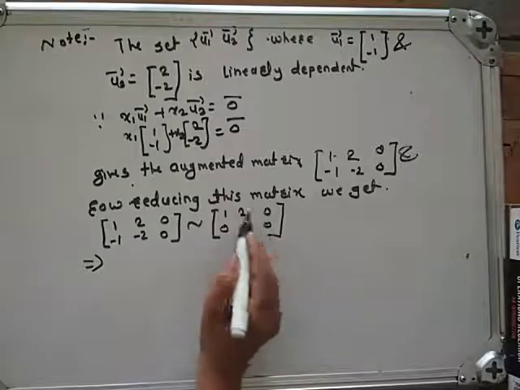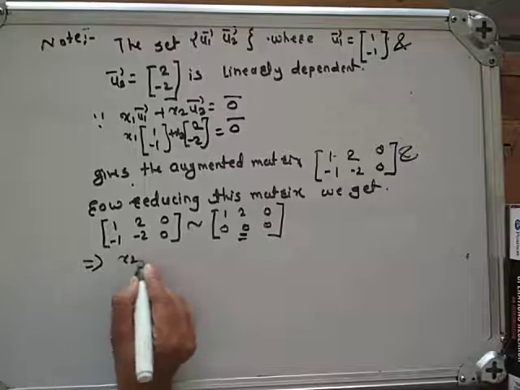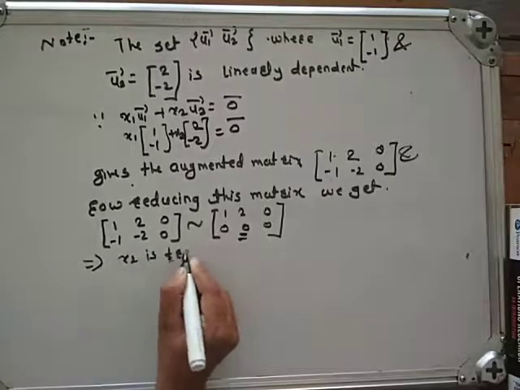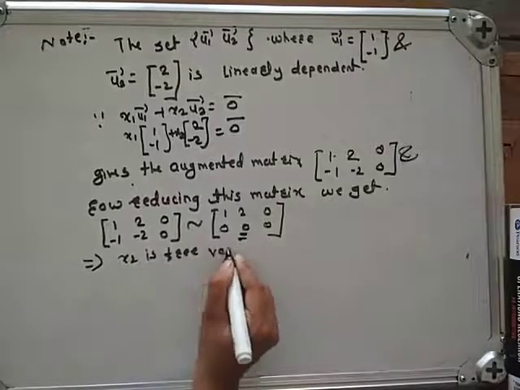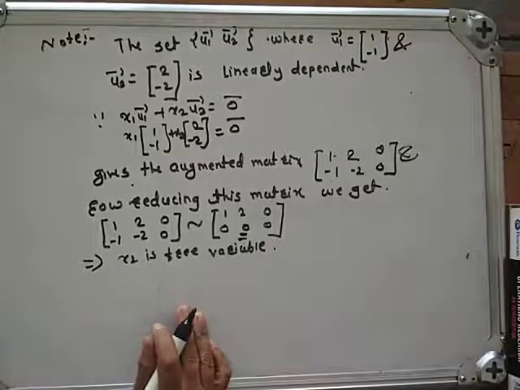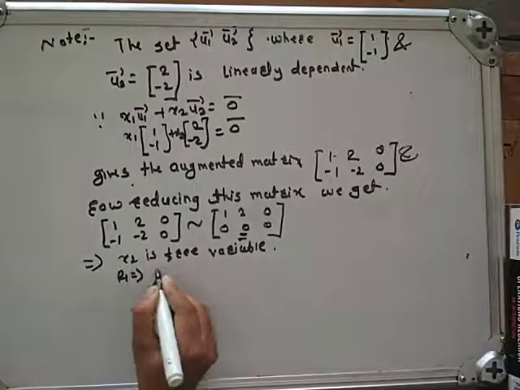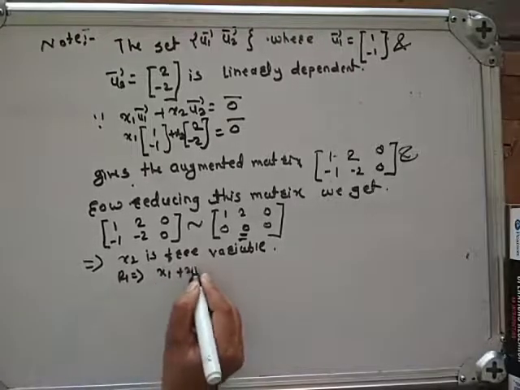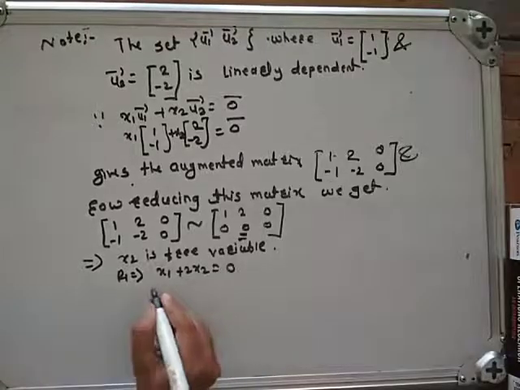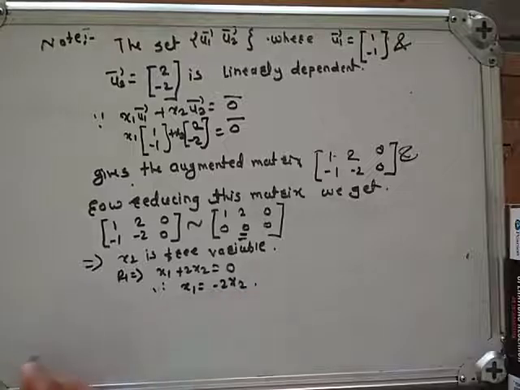So here x2 is a free variable, which means x2 takes infinitely many values. R1 implies x1 plus 2x2 is equal to 0. Therefore, x1 is equal to minus 2x2.